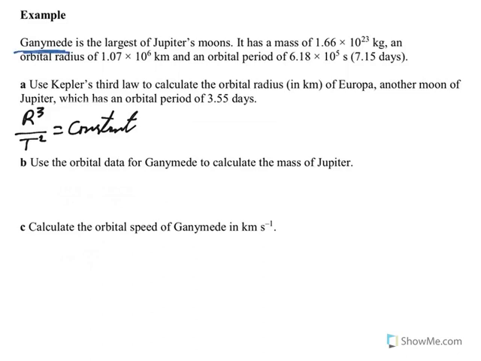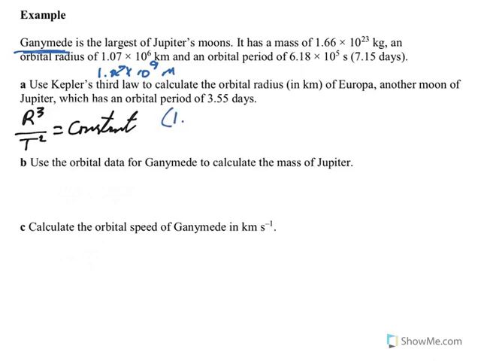So Ganymede is that red there, and so it has an orbital radius of 1.07 by 10 to the 6 kilometres. So in metres, that's 1.07 by 10 to the 9 metres.